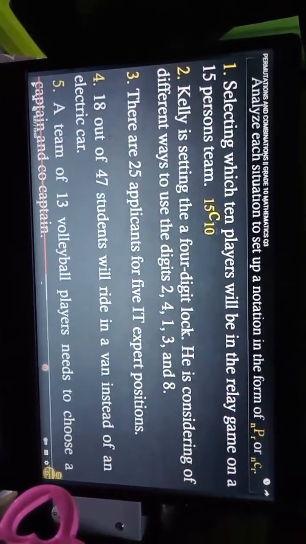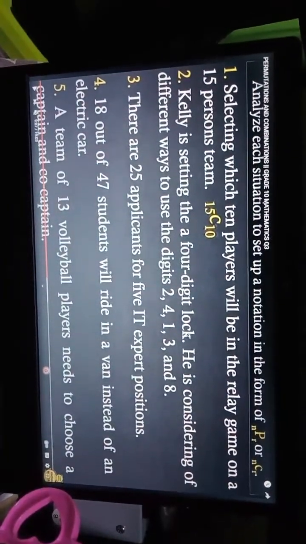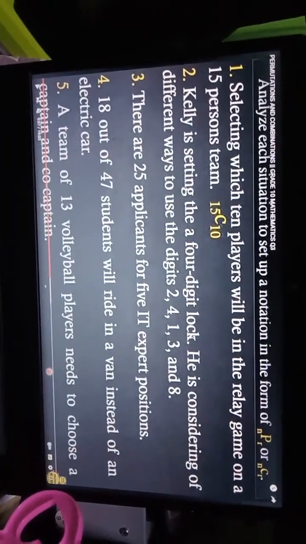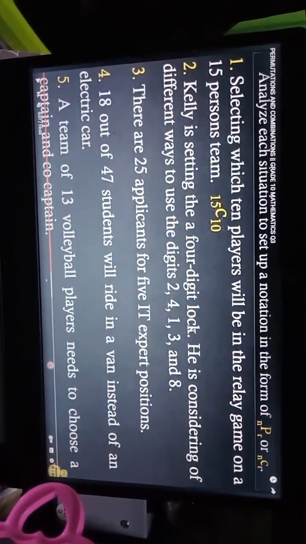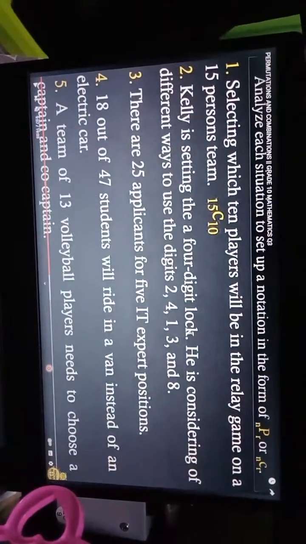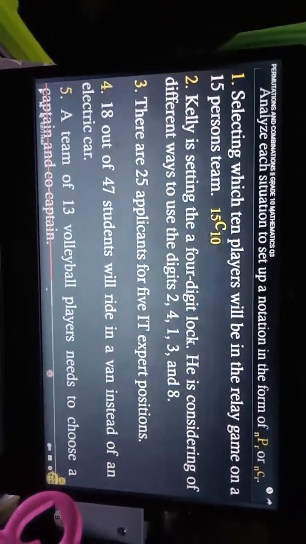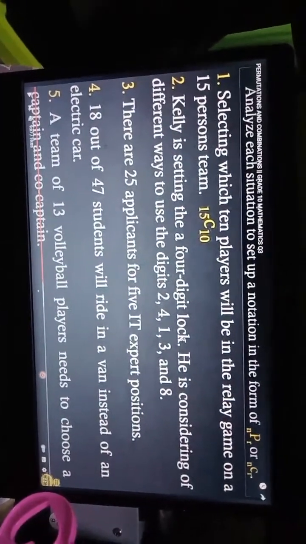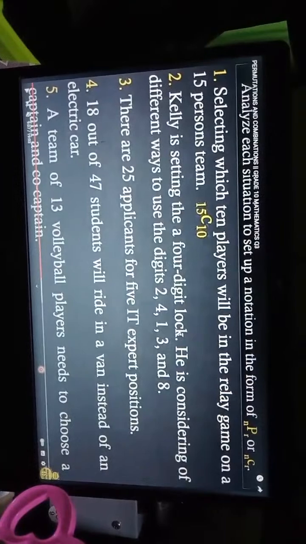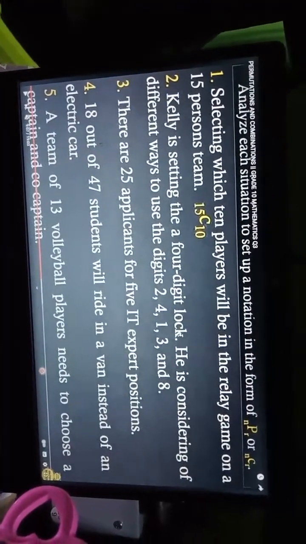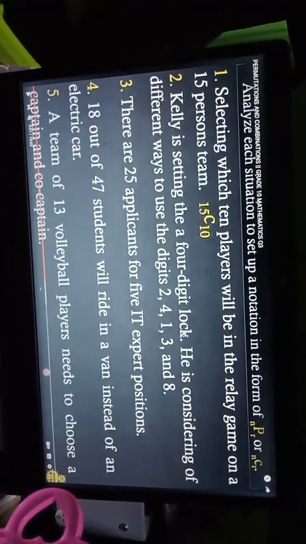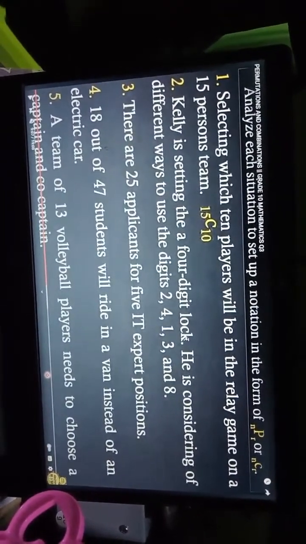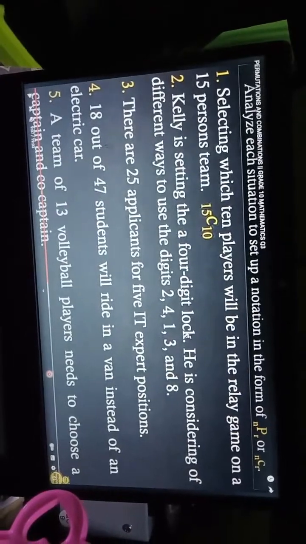Say for example, 5P1. The answer is 5. Again, if your r becomes 1, nP1, therefore your answer will be the n. If your n is 4, then that's your answer. If your n is 3, that's your answer.